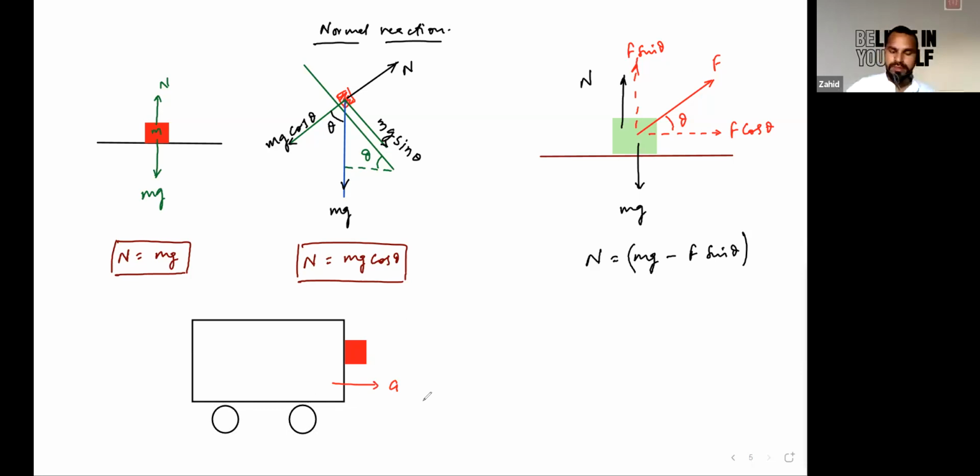Since this system is accelerating, there will be a pseudo force on this block along this direction, which is ma. To balance this ma, due to this surface, there will be a force opposite to it termed as normal reaction. So from this, you will say normal reaction would be equal to m times a.